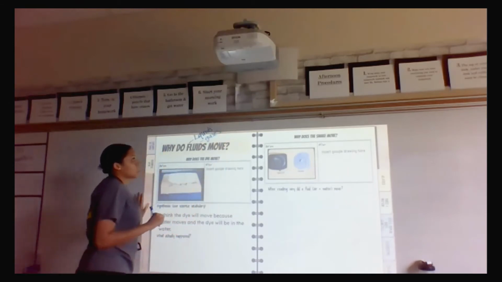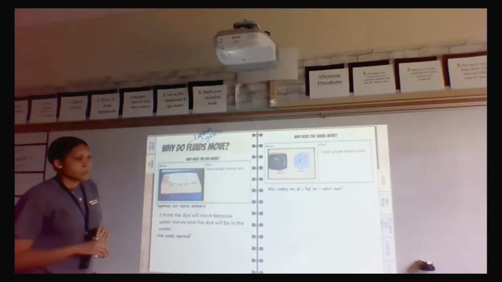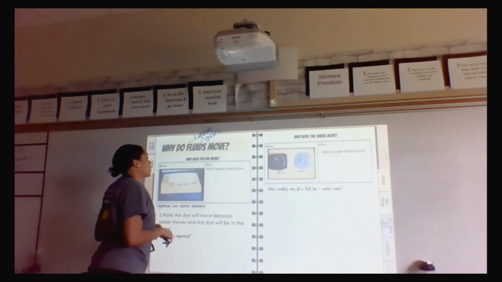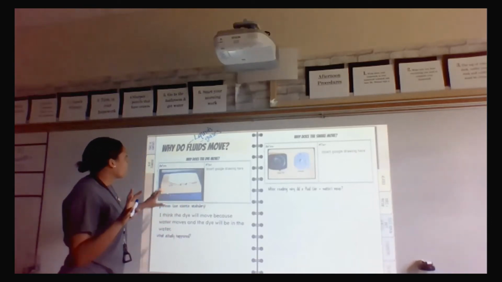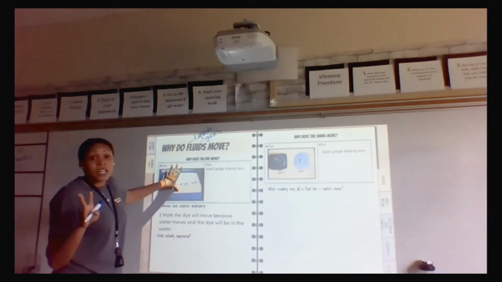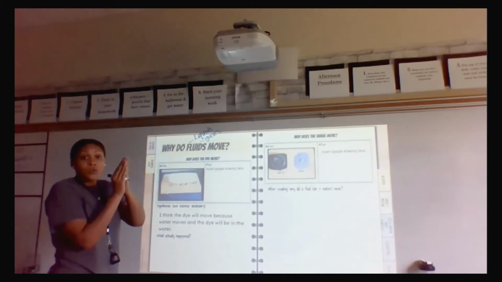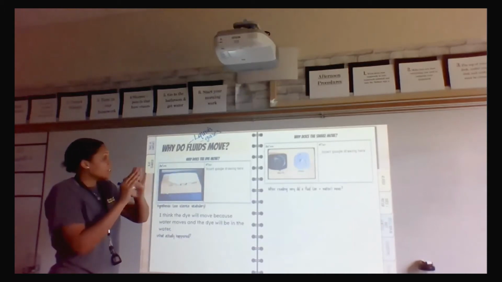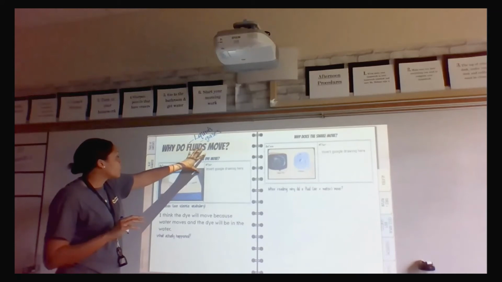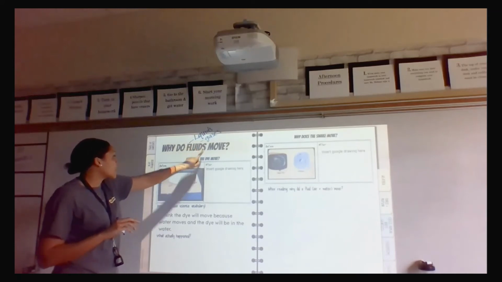Yesterday, did I spell gases right? Sorry, I'm a horrible speller, y'all. Anyway, yesterday we talked about conduction being two solids touching. Today we're talking about fluids, which are liquids and gases.